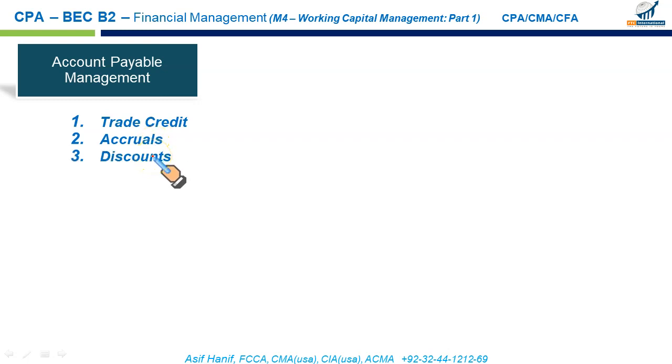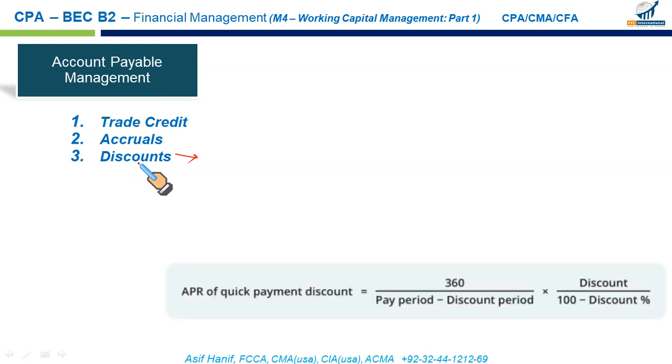And your vendors, sometimes they encourage you to make payment early. They will offer you prompt payment discounts. So should you take this discount? Should you not? There is a formula we will discuss. We have already discussed it in the previous module. We'll do it again. So this model will help you to decide whether we should avail this discount or not, because sometimes if you do not take advantage of this discount, the cost of not taking the discount could be enormous.